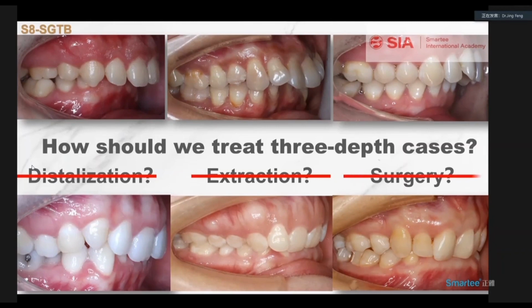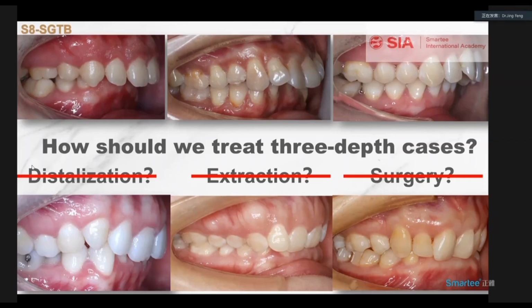So we are doing the harmless solution, SGTB, to move the lower jaw forward to solve the problem, focusing on the main problem, the main source.